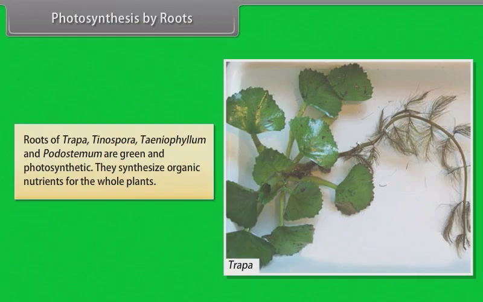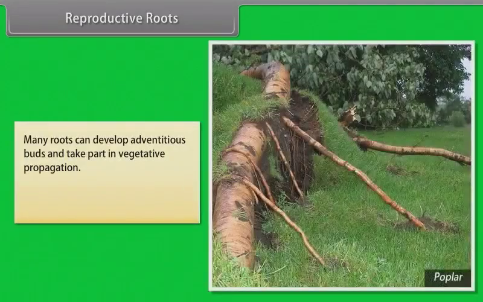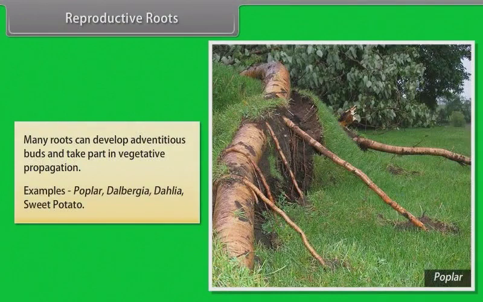They synthesize organic nutrients for the whole plant. Reproductive roots. Many roots can develop adventitious buds and take part in vegetative propagation. Example: poplar, Dalbergia, dahlia, sweet potato.